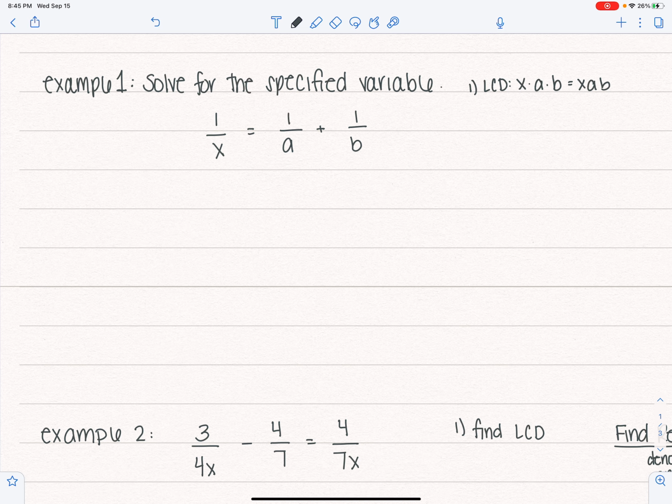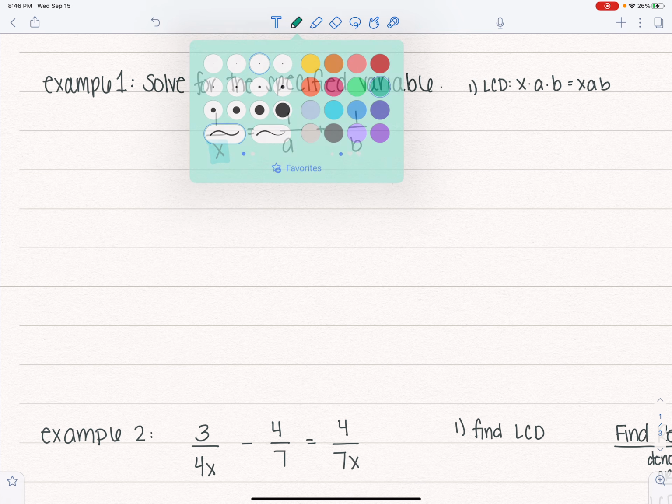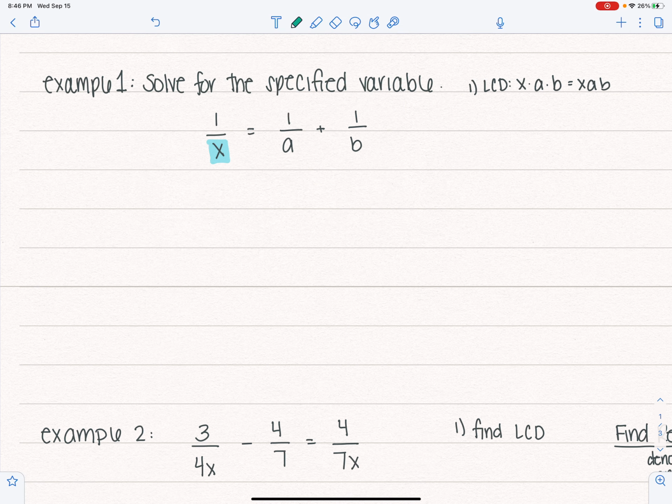When I'm solving these, the specified variable I'm looking for is to solve for x, so I want to eventually end up with x equals. Before I can do any solving for x, I have to get rid of the x in the denominator. Just like in those steps up above, we're going to multiply every single term by the LCD.